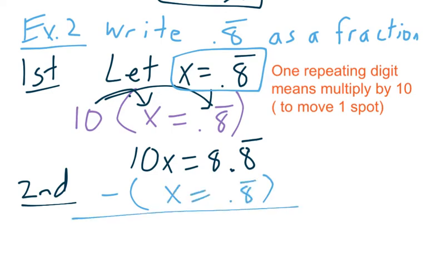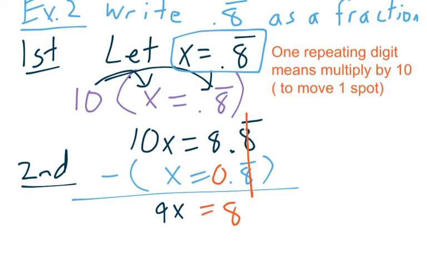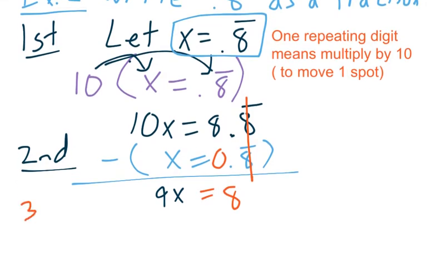And then 8.8 repeating minus 0.8 repeating. 0.8 repeating minus 0.8 repeating is nothing because they're the same number. And 8 minus the 0 here, or nothing there, is 8. And then our third step is solve. So just divide by 9, and you've solved for x. X equals 8/9.